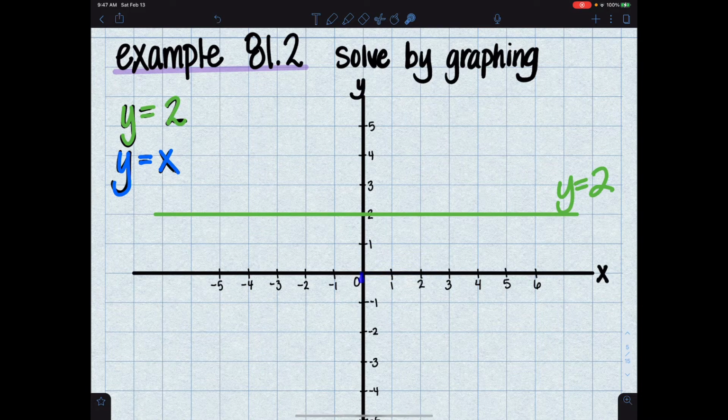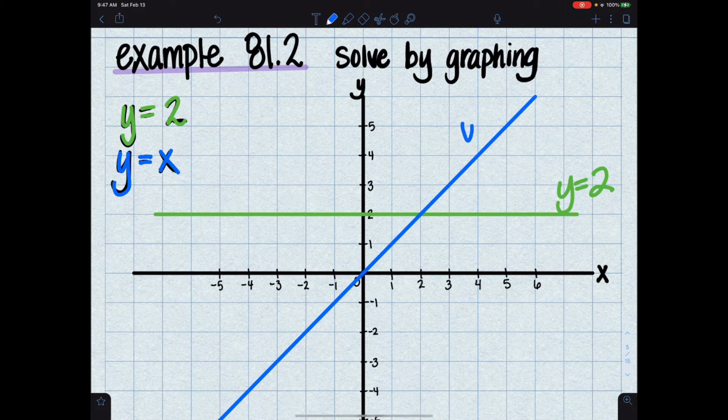If you pick -1 for x, then y would be also -1. So if it's a copycat situation like that, where y is equal to x, then that line is going to look like, I can't draw a straight line. It's going to look like this when it's positive, and like that when it's negative.